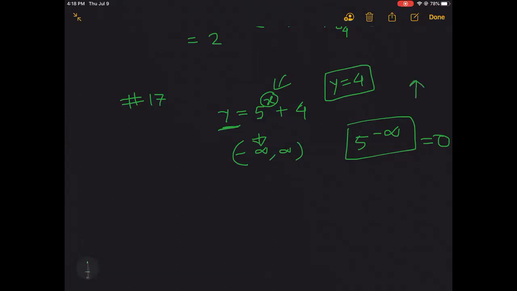It will never go below this value 4. And obviously, this is not a value we can take, because as you can see, that's the parenthesis. That means it's not really included, but we can go really close to that. We can approach negative infinity.